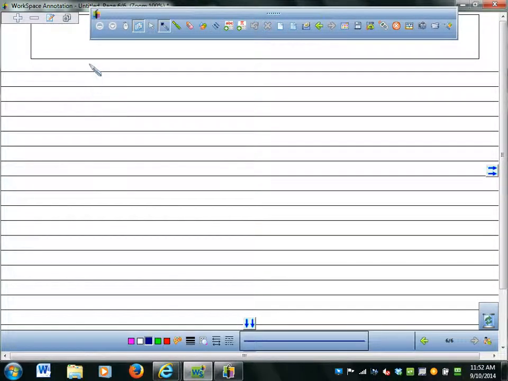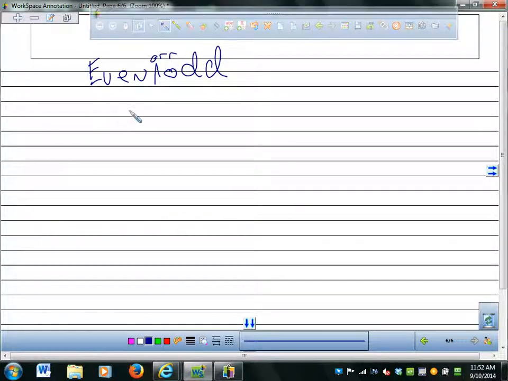Even or odd. Sine. So even are cosine, which we call cos, right?